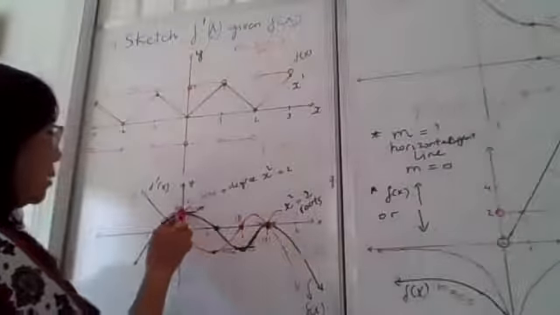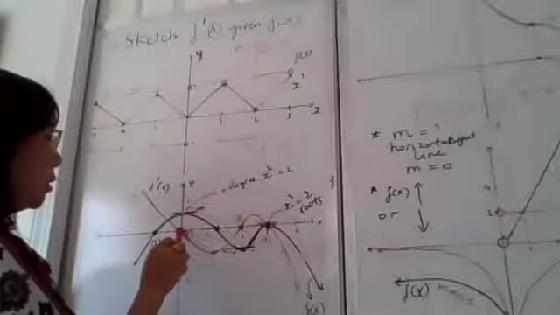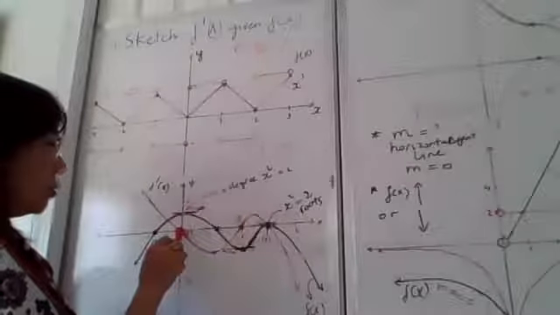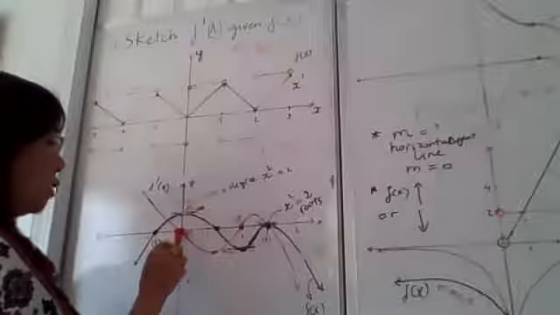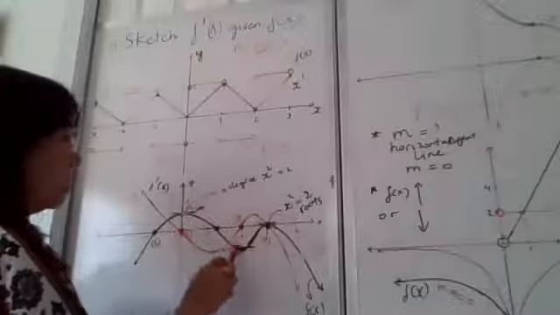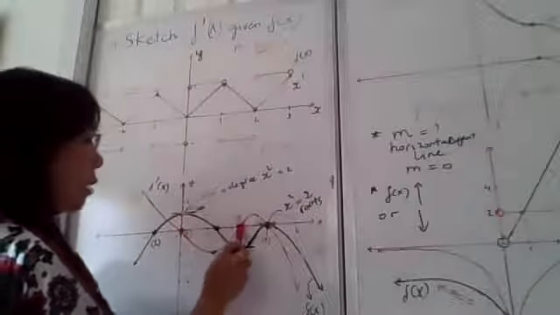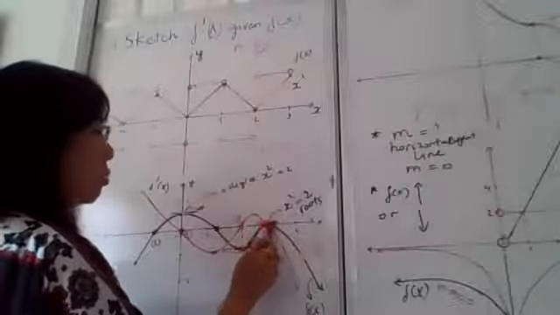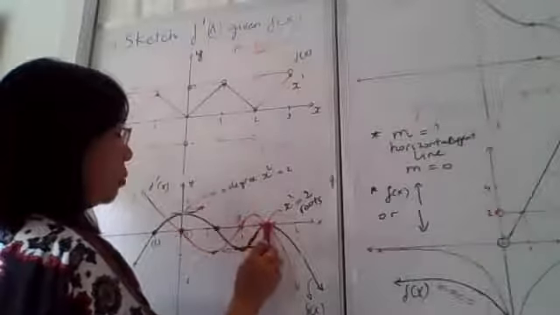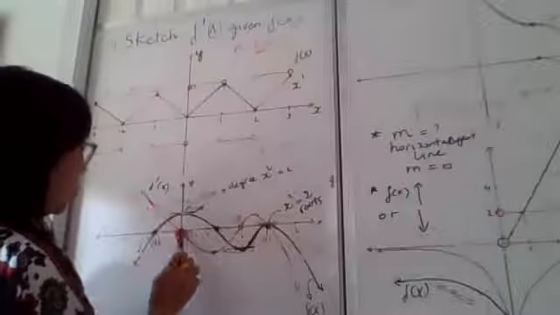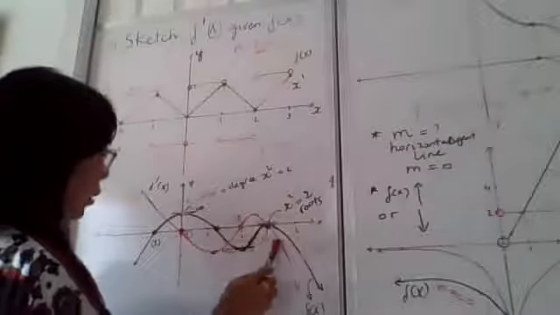So we mark the points where our derivative goes through m equals 0. From the horizontal tangent line, we go down here and mark 1 point. From here, we go up and mark 1 point. And here we know the horizontal tangent line, so the derivative has to go through this point.